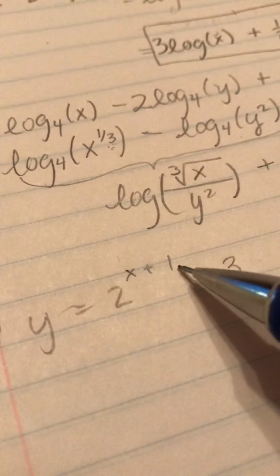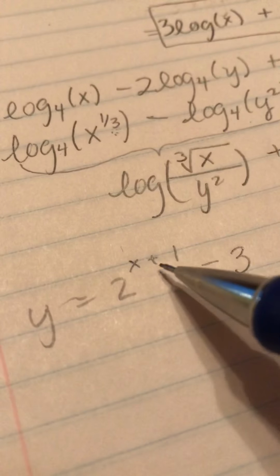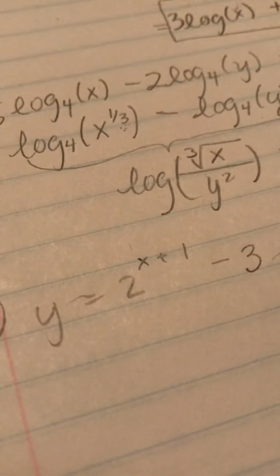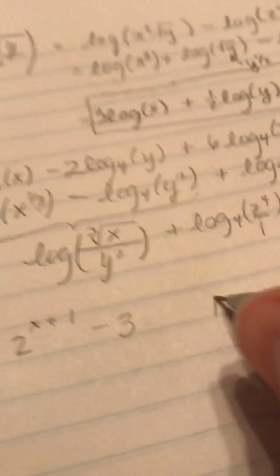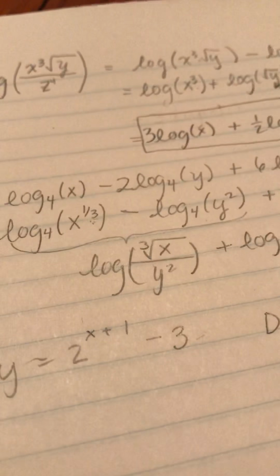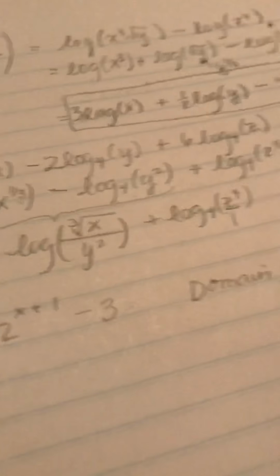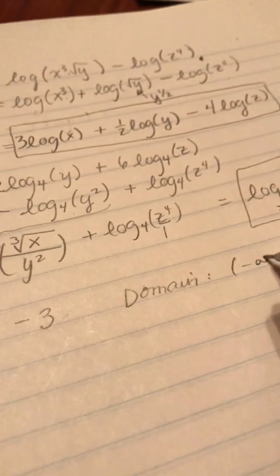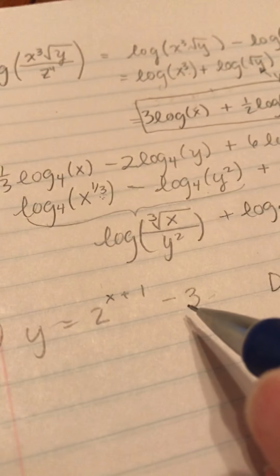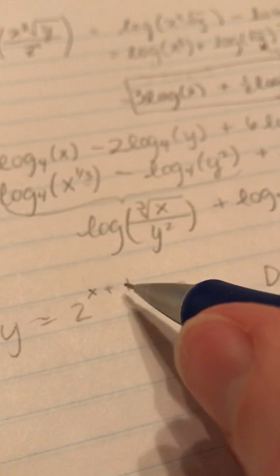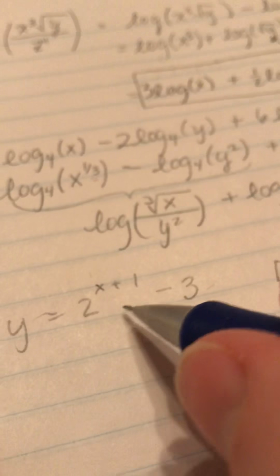And so if you add 1 first before you take the exponential and subtract 3 after, that's still not going to affect any restrictions. So the domain is still going to be all real numbers, minus infinity to infinity. Now the range is restricted because when you have an exponential, it can only be positive.